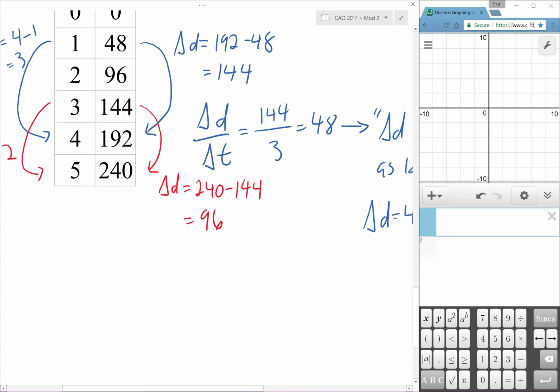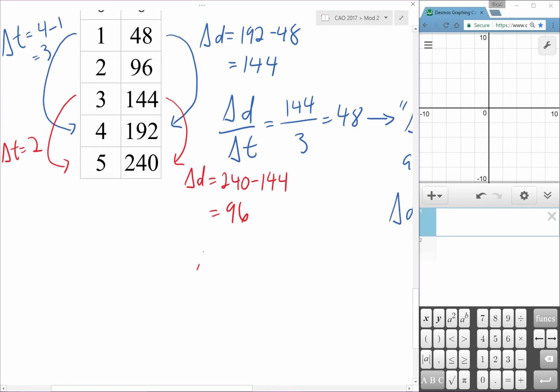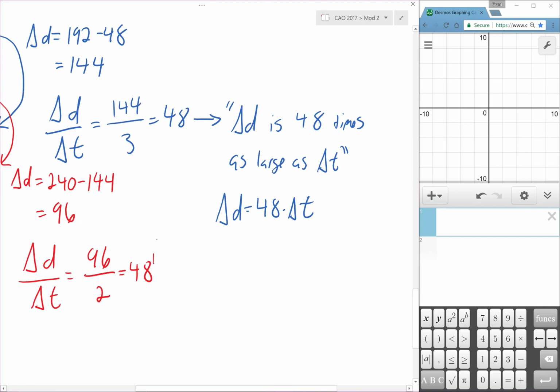Now, if we compute the ratio of the change in distance to change in time, that will be equal to 96 divided by 2, which is again equal to 48. So this ratio over this other interval of time being equal to 48 tells us the same exact thing, that over this other interval of time, the change in distance is again 48 times as large as the change in time.